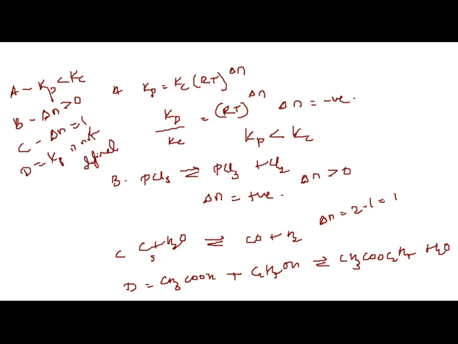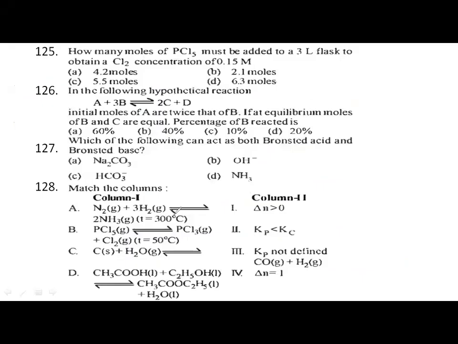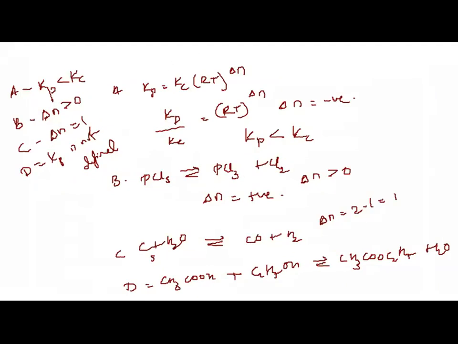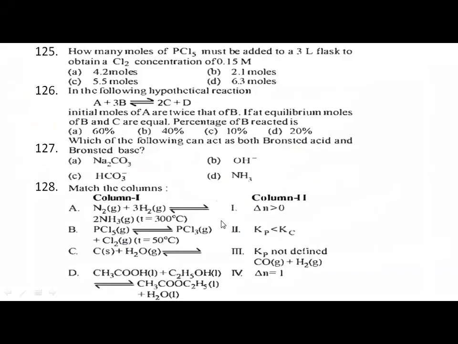So let us match it here. For option A, Kp is less than Kc, so option A is the second one. For option B, we have seen delta N is greater than 0, so it is the first one.